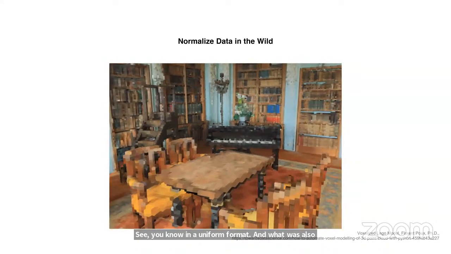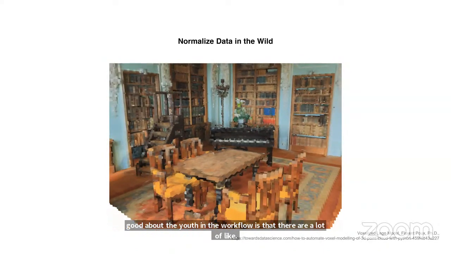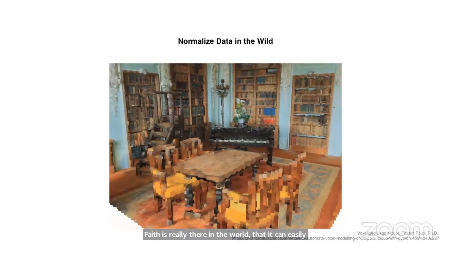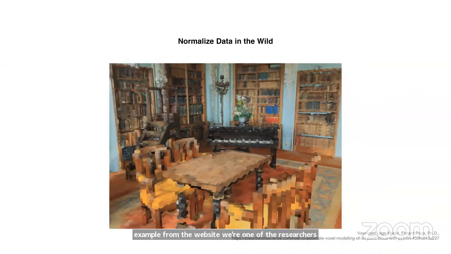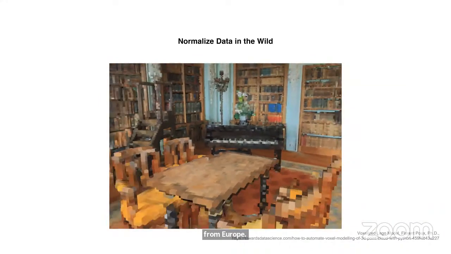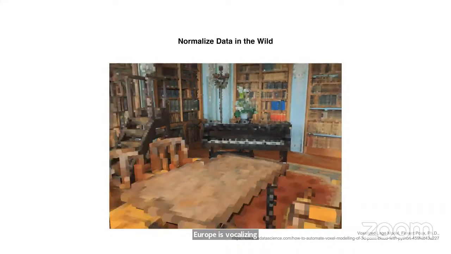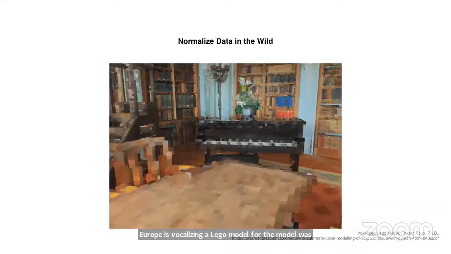that you can easily translate into voxels. This is one of the examples from a website where one of the researchers from Europe is voxelizing a Lego model. The model was originally a point cloud that has color.